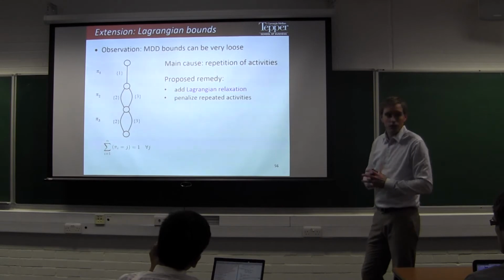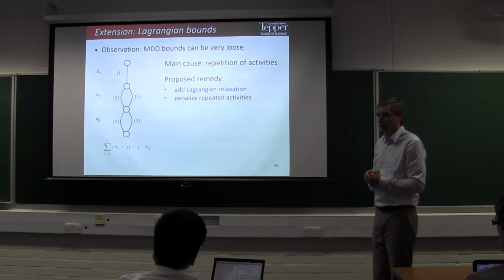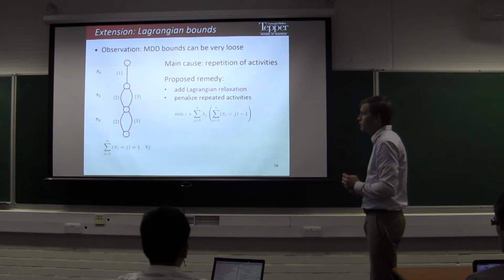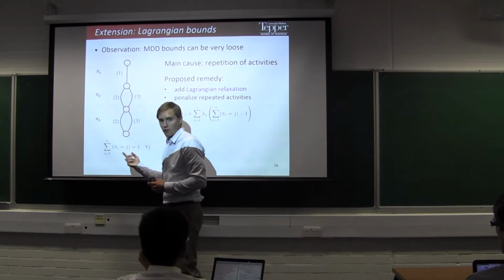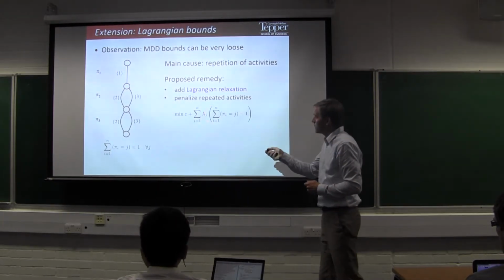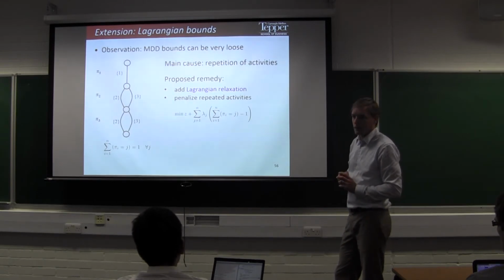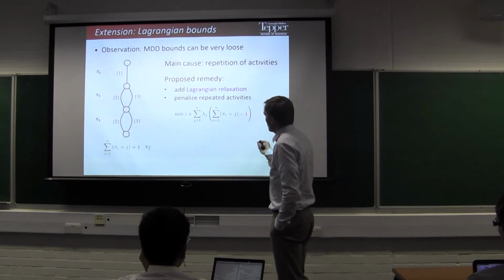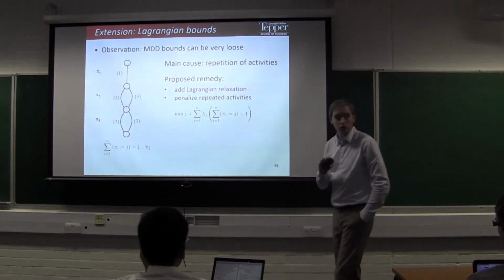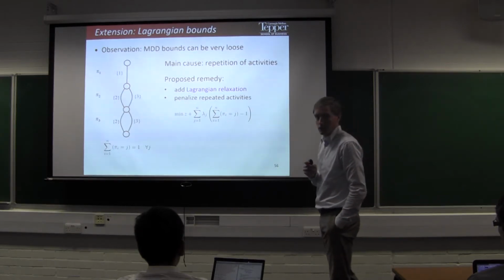And we don't do anything with it. But it's right there. What you normally would do in a Lagrangian optimization is take constraints and penalize them in the objective. So you take the difference between the left-hand side and the right-hand side, and you give it a Lagrangian multiplier, a penalty. It's a fixed constant. If the constraint is satisfied, this whole term falls away to 0. If it is not, it incurs some kind of penalty.